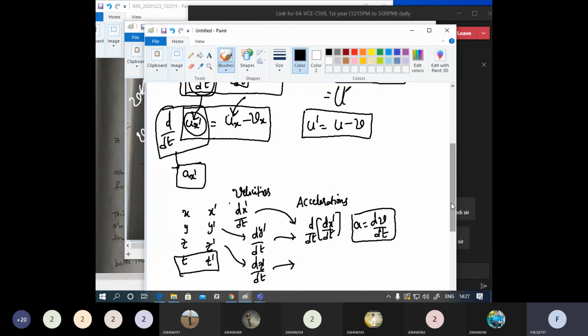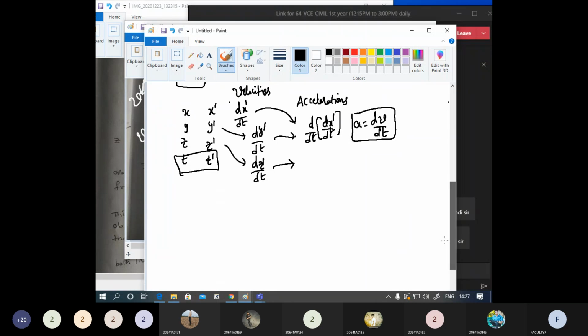Now let us rewrite the equation, in some other color. What you got previously was x prime, and we differentiate this with respect to time: x prime minus vx t.